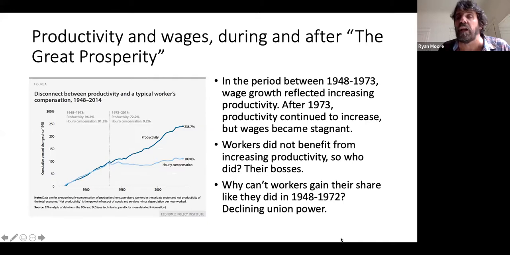The main answer for that, as we're going to see, is the decline in unions and union power. And there's a lot of factors behind that, not least of which is the political war against unions that starts to be fought in the 70s, and then Ronald Reagan really takes it up when he comes into office.